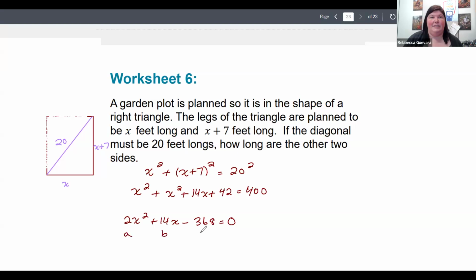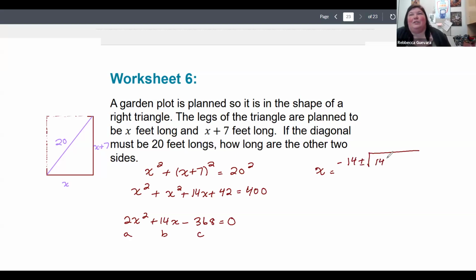So we have A, B, and C, and we can use Pythagorean theorem. Not Pythagorean theorem, sorry, quadratic formula. So negative 14 plus or minus 14 squared minus 4 times A, which is 2, B, which is negative 368. This is all going to be divided by 2A, 2 times 2.